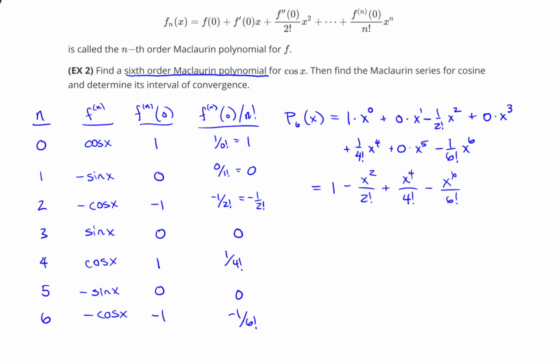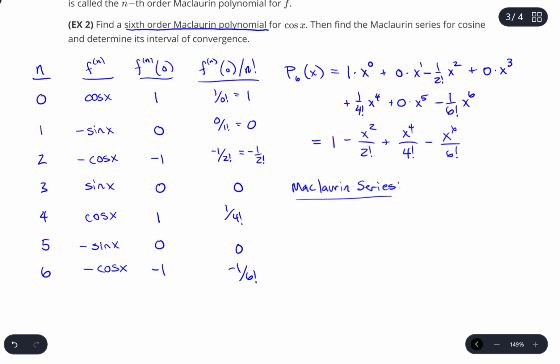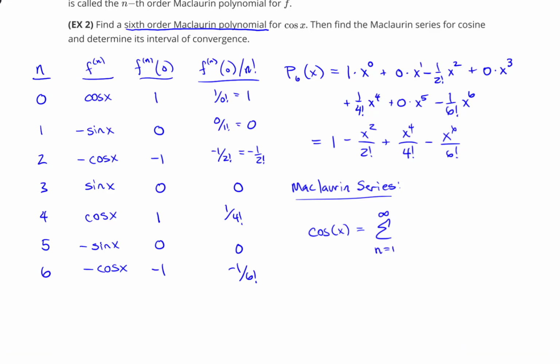The Maclaurin series. We can generalize the nth term here, so we could say that the cosine of x is defined by the series from n equals 1 to infinity of, let's see, the nth term looks like, well, I guess they're alternating, so let's start there.